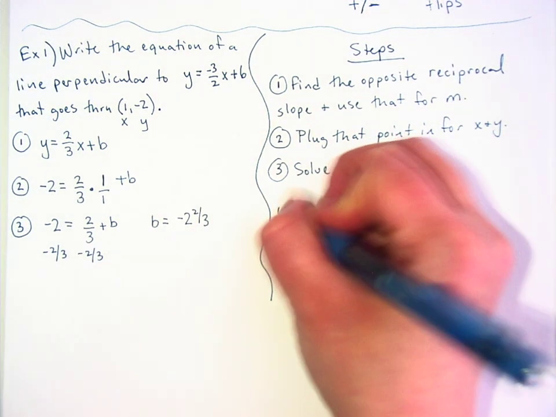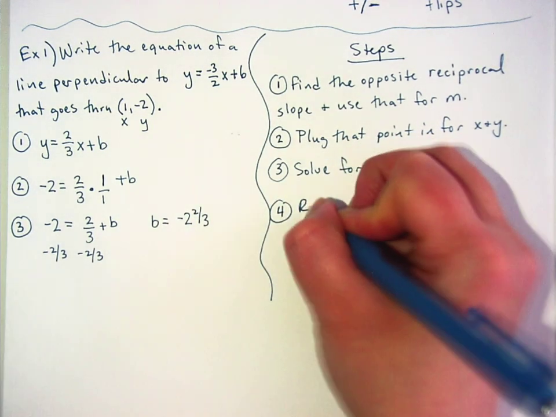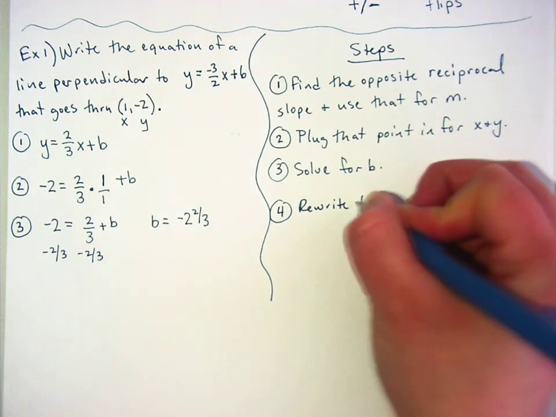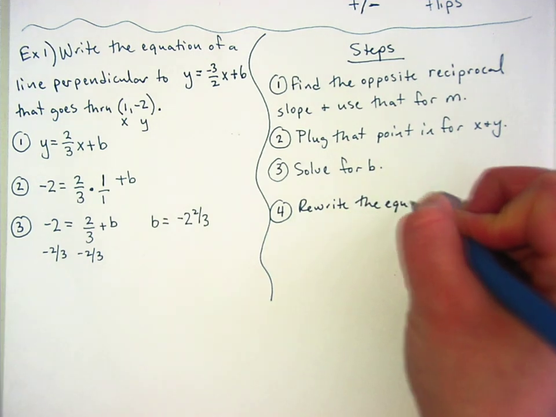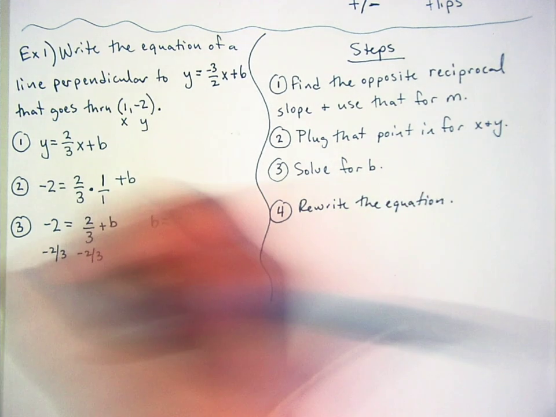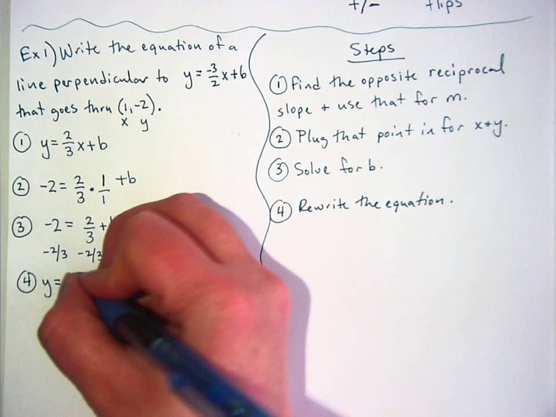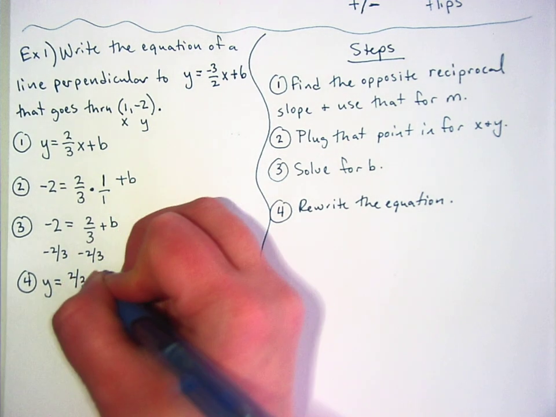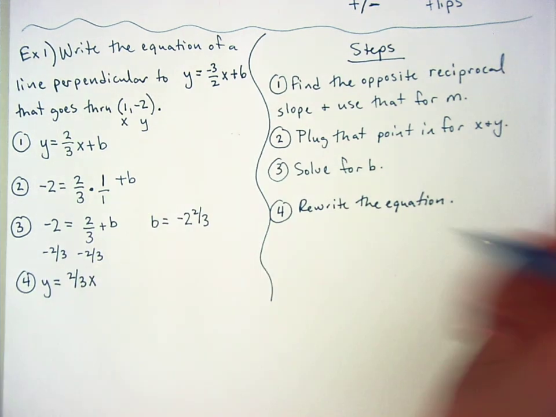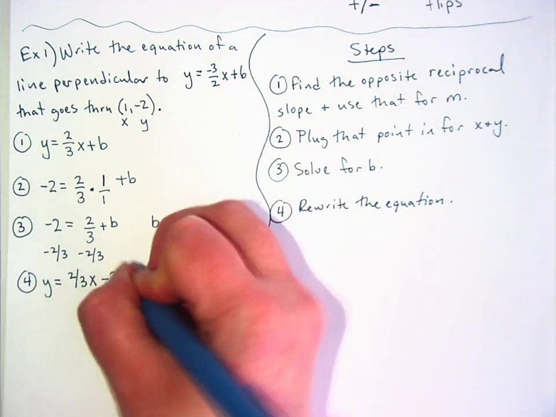Final step? Rewrite the equation. Okay, now that's 2/3 x minus 2 and 2/3.